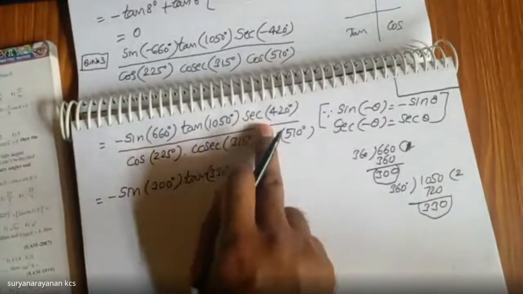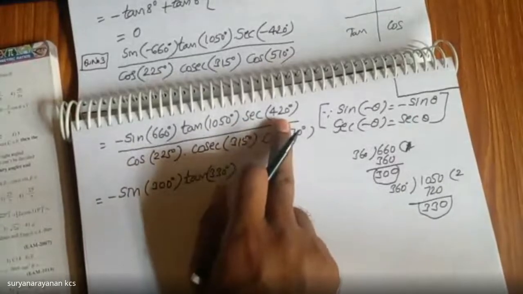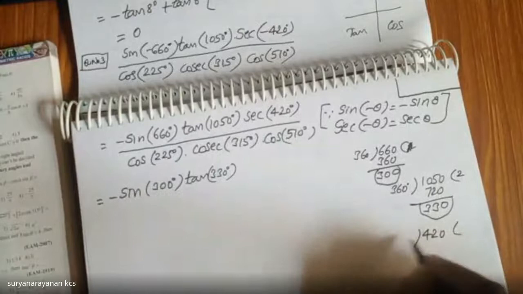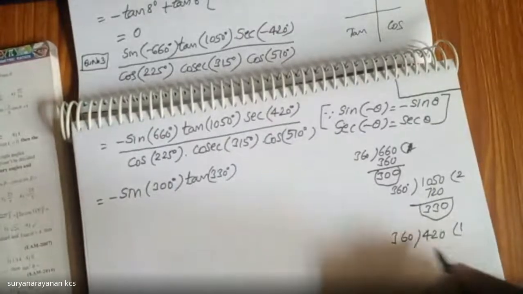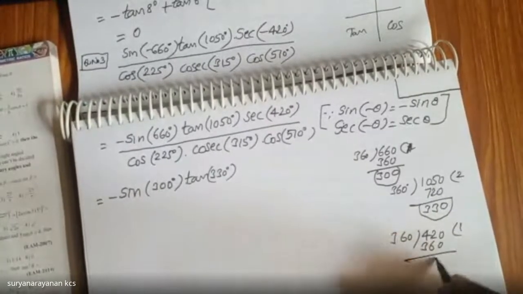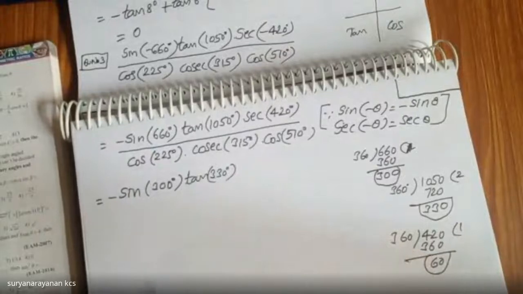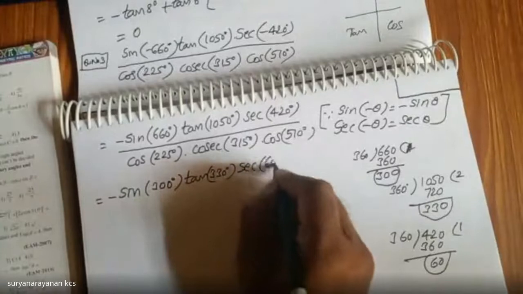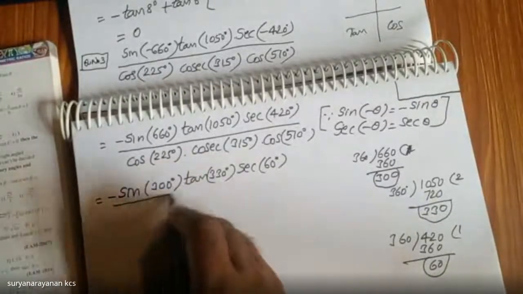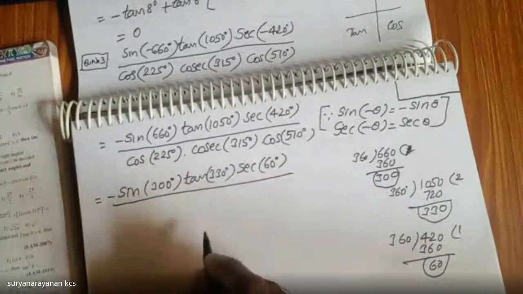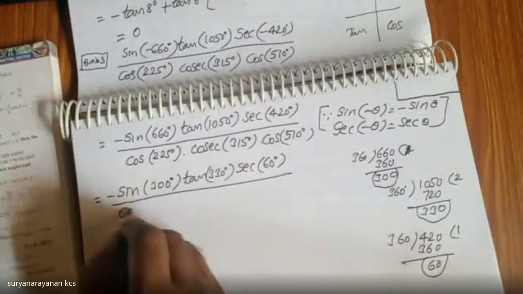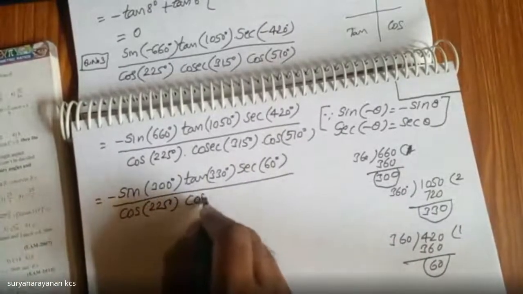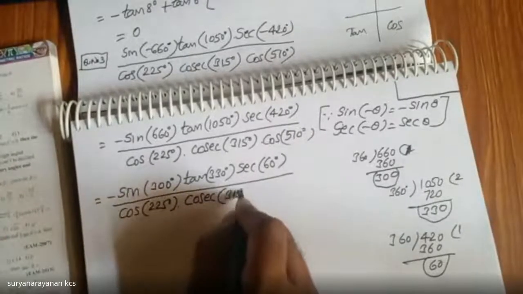Again here, 420 is more than 360 degrees, so divide 420 by 360. How many times does it go? One time. What will you get here? Remainder 60, so secant 60 degrees. Now cos 225 degrees, cosecant 315 degrees.